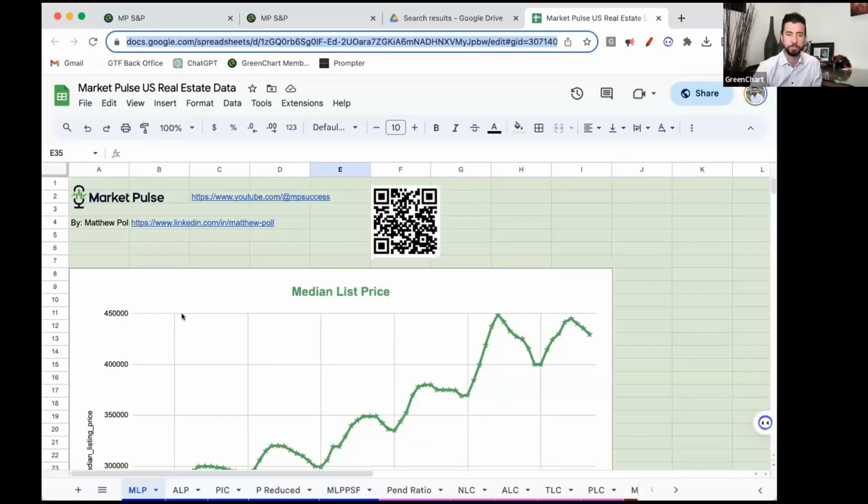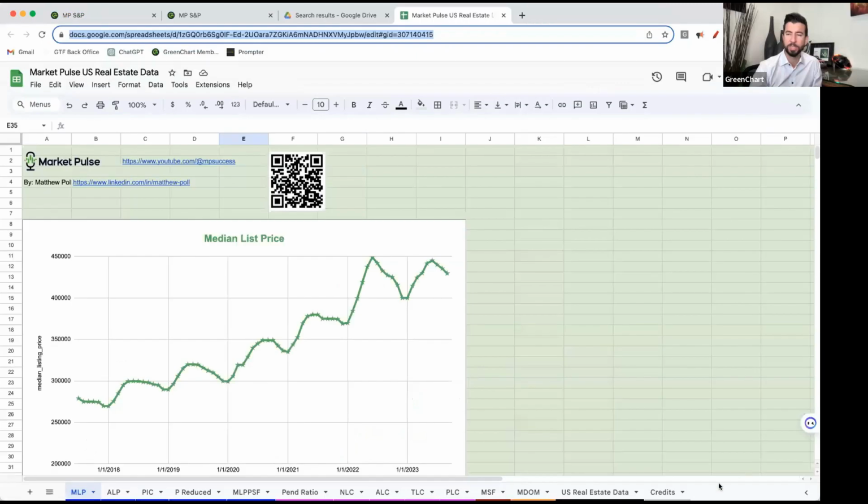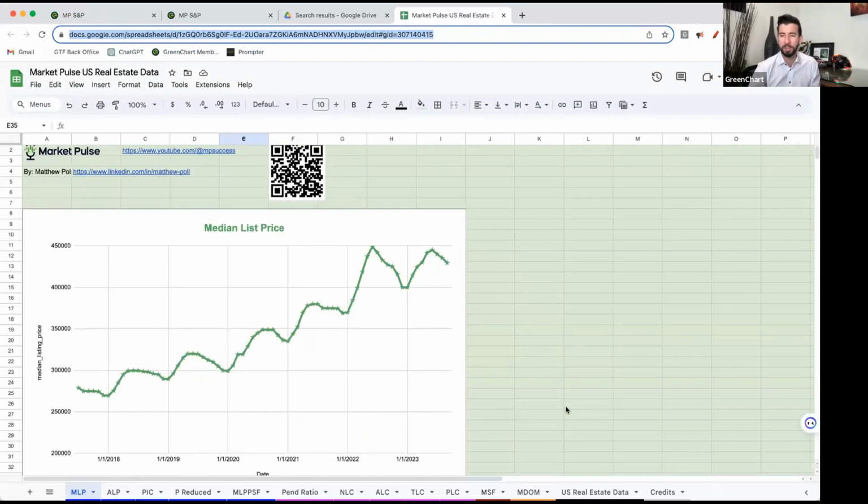All right, so here is the data. Not the sentiment, not the consensus, not what your realtor might be telling you, not what the news is clearly omitting to talk about. This is real data.